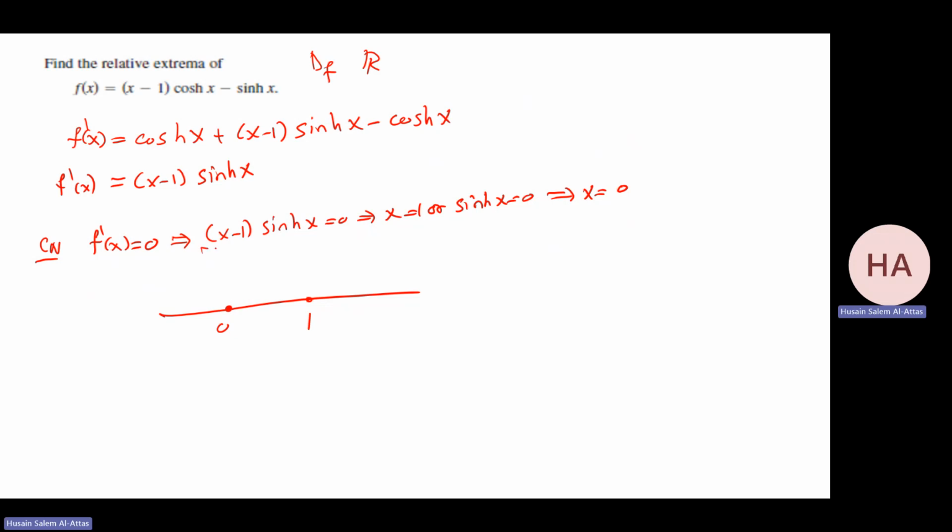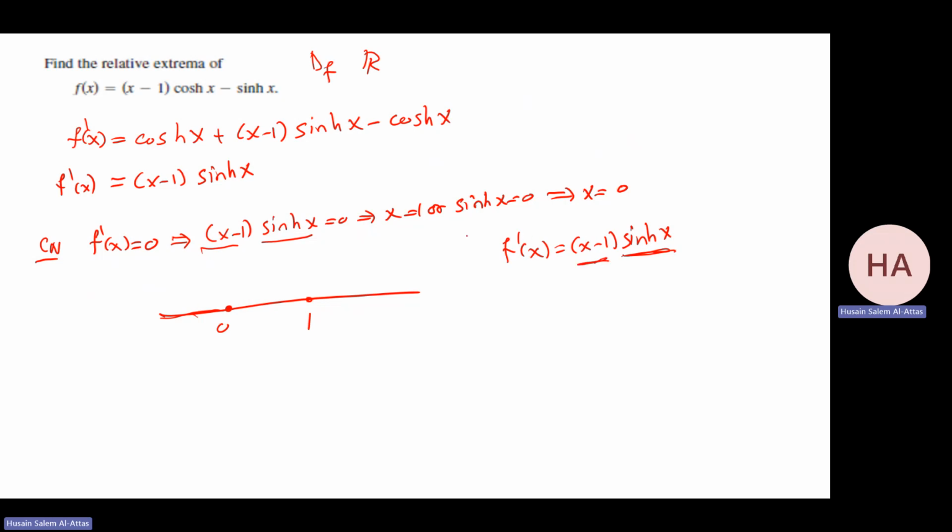Now check the sign of this. F prime is x minus 1 times sine hyperbolic x. I know that sine hyperbolic of x is positive if x is positive, negative if x is negative. So I take a negative value here, say minus 2.